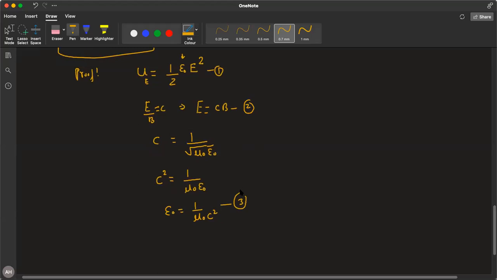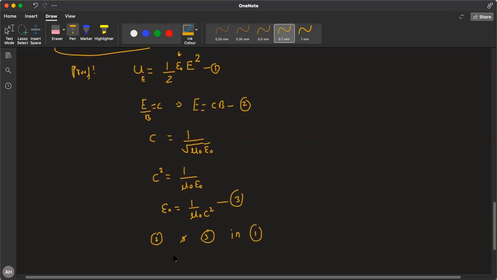Now we can substitute 2 and 3 in 1. Electric energy density is half epsilon naught, which is 1 by mu naught C square, into E square, which is C square into B square.